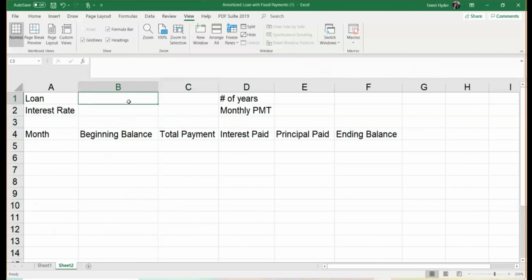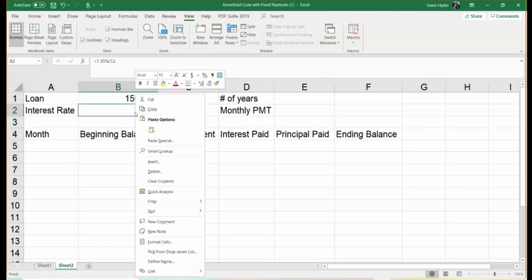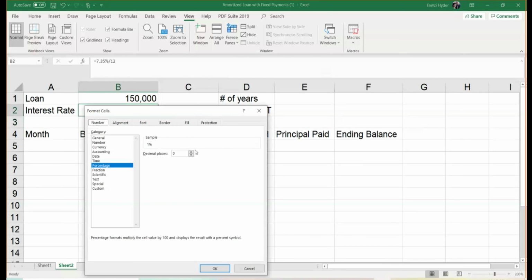So here I have the loan is 150,000. The interest rate is equal to 7.35% divided by 12, because here I need the monthly interest rate. Of course, here because of rounding, it shows 1%. So let me add more decimals.